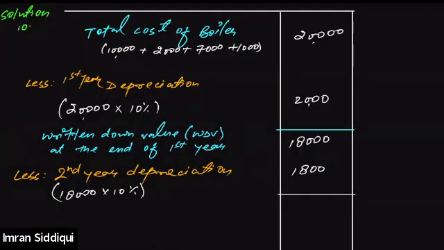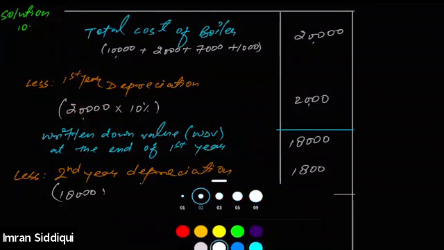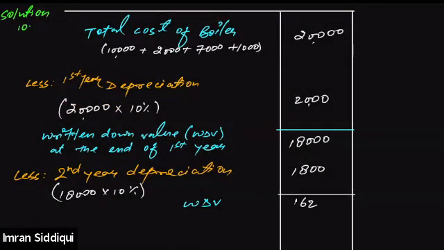We can simply write this as WDV of the second year. So written down value will be 18,000 minus 1,800. We'll get 16,200. This is the written down value of the boiler at the end of the second year, right?